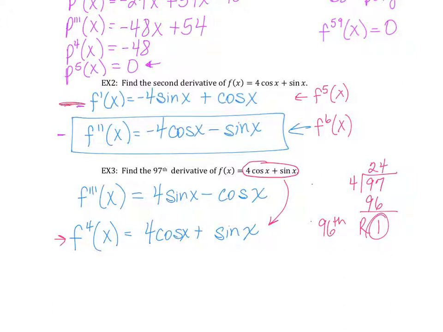This would be a remainder of 1, remainder of 2, remainder of 3, and this would be where it goes in evenly. So since I got a remainder of 1, when I divided 4 into 97, then the 97th derivative is going to be the same as the first derivative, and I get this.